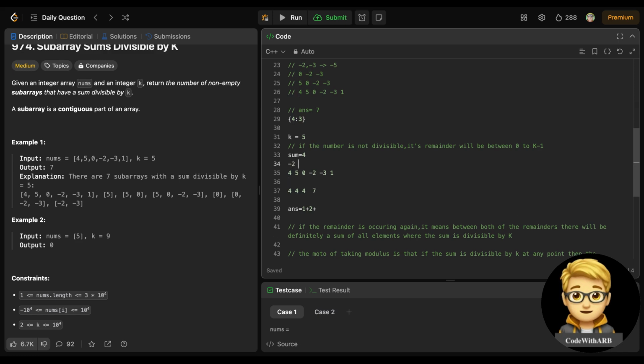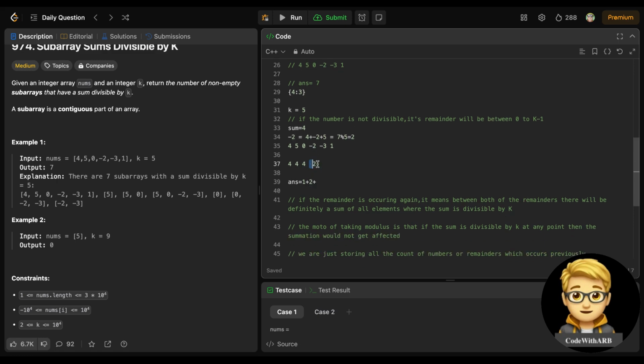For this -2, I will just do 4 - 2 + 5, which becomes 7. And when I take this 7 modulus 5, it becomes 2, right? Or either you can do 4 minus 2 is 2, right?